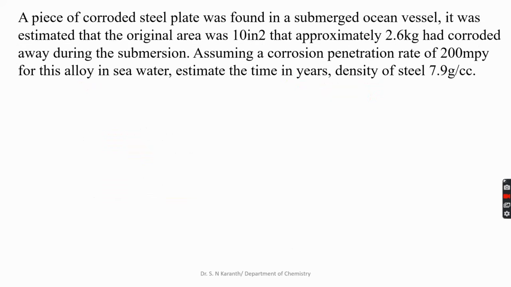Then here is another problem. A piece of corroded steel plate was found in a submerged ocean vessel. It was estimated that the original area was 10 inch square, and that approximately 2.6 kg had corroded away during the submersion.